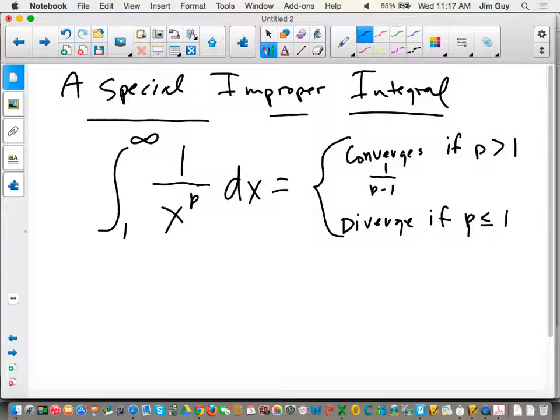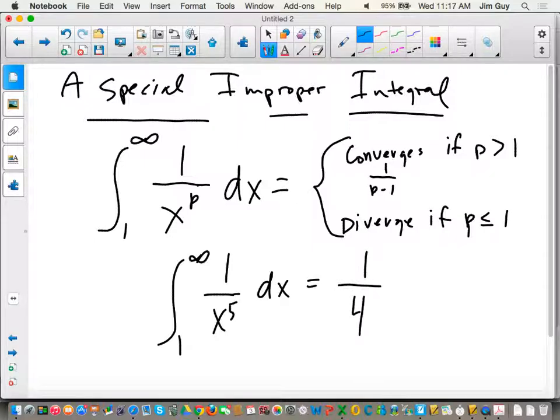If it was, in other words, the integral from 1 to infinity of 1 over x to the 5th dx, that's just going to converge to 1/4, because it's 1 over 5 minus 1. Okay? So that's a nice little quick shortcut if you happen to get some, and they're more common than you think. And when we get to series, we're going to see a lot of them, to tell you the truth.